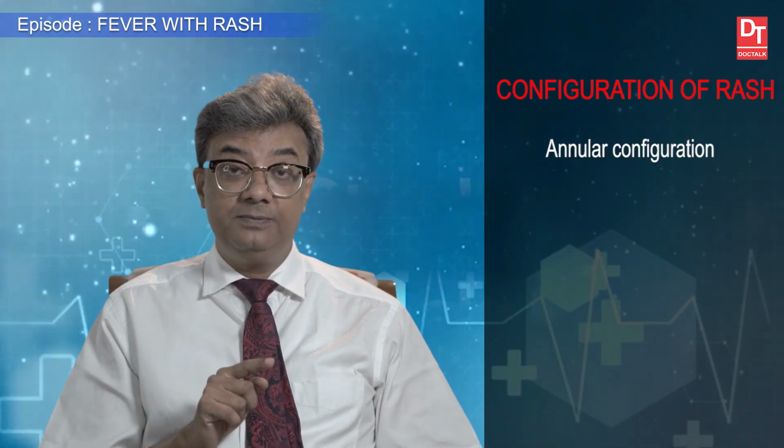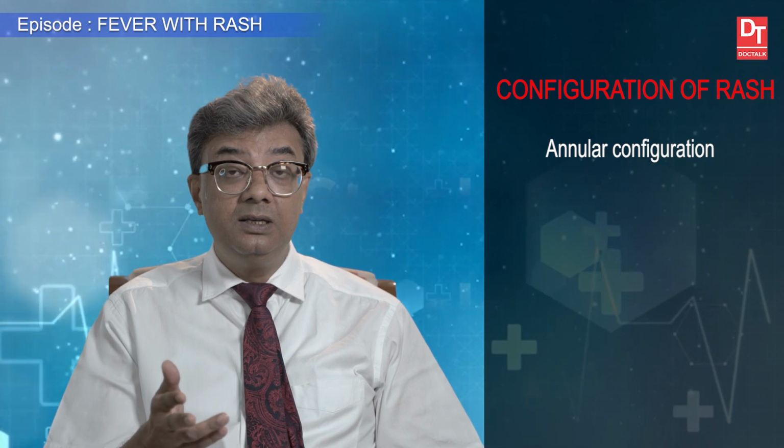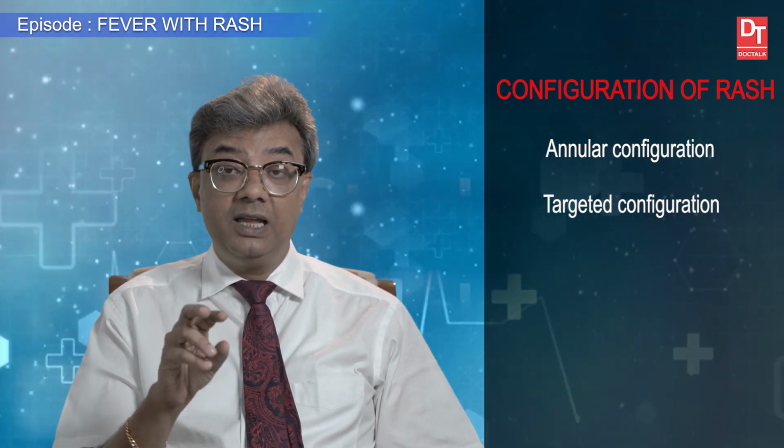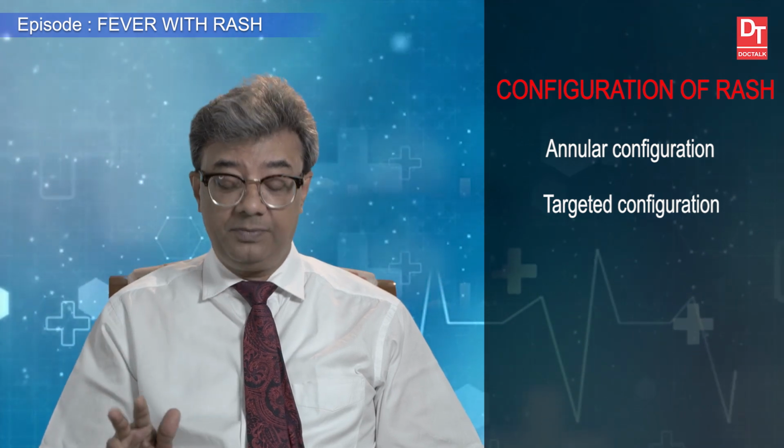Now, if we think about the configuration, it may be annular configuration like wheal, it may be targeted configuration like erythema multiforme. So, configuration of the rash is very important in discussing different types of rashes.